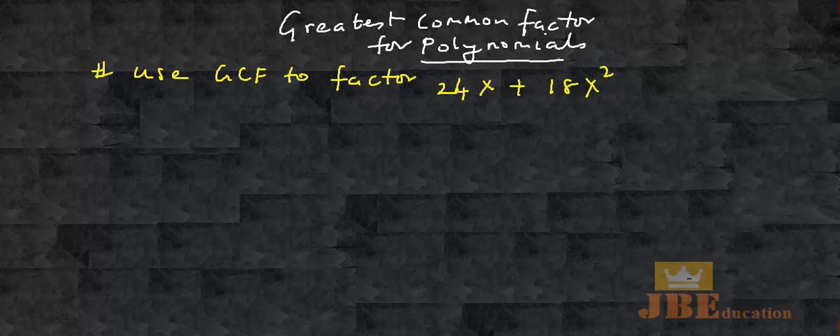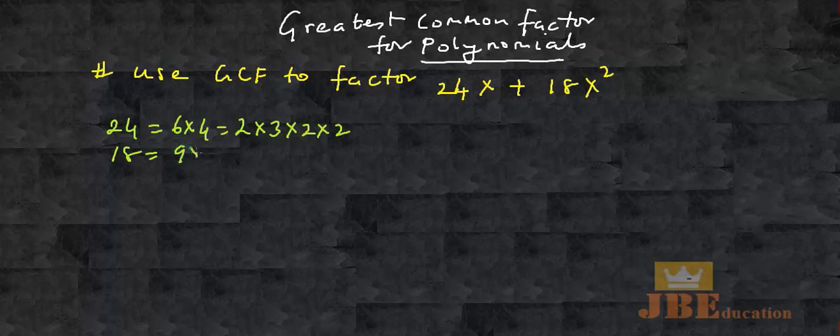Now, step number one, what you've got to do is write the prime factors for 24. So that would be 6 times 4. 6 can be rewritten as 2 times 3, and 4 is rewritten as 2 times 2. 18 is rewritten as 9 times 2, followed by 3 times 3 times 2.